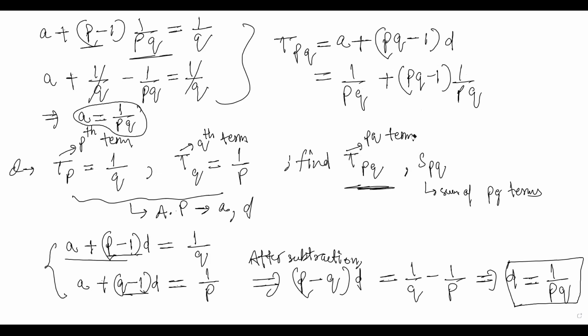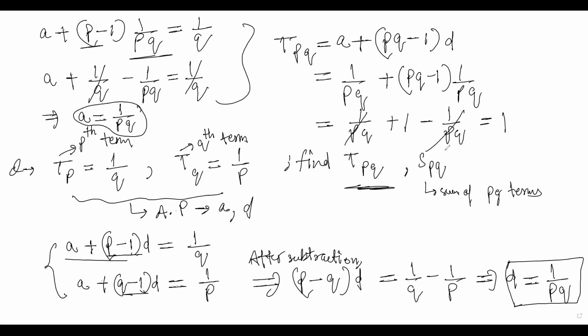You can easily solve it. This is just 1 by PQ plus, if you multiply them, the first term will be 1 minus 1 upon PQ. So they will get cancelled out. The answer is 1. So your PQth term will be 1.